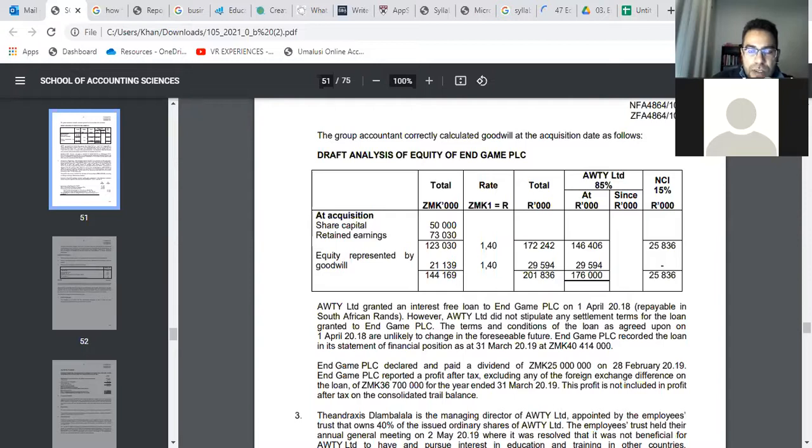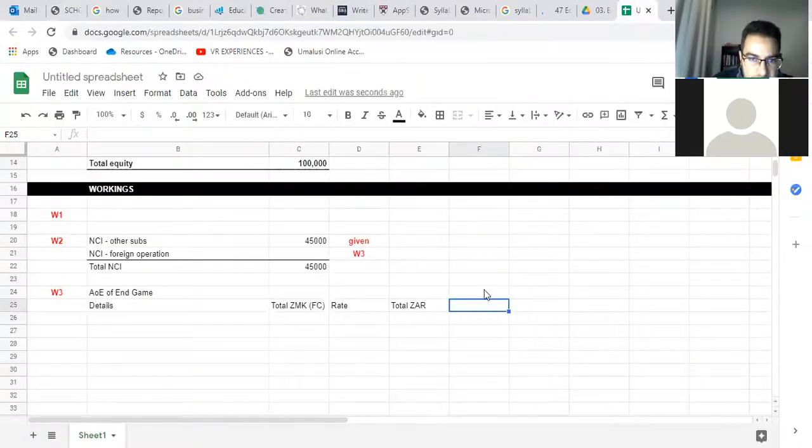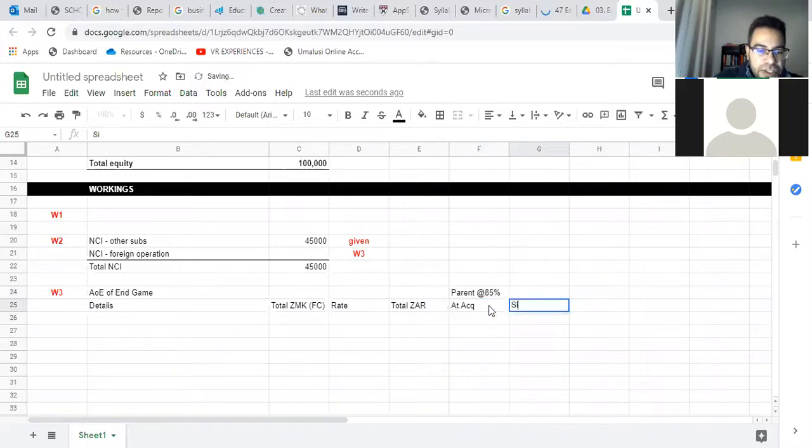Over here, it's going to be parent at 85%. So this is going to be at acquisition. And that's going to be since acquisition.